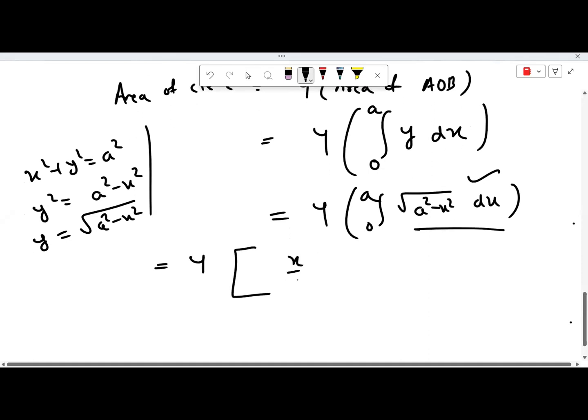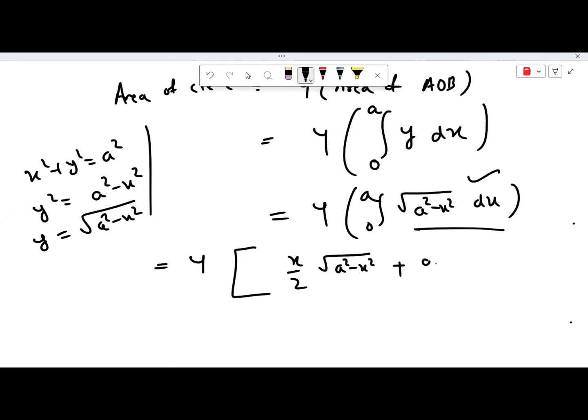This is x by 2 root a square minus x square plus a square by 2 sine inverse x by a, from 0 to a.